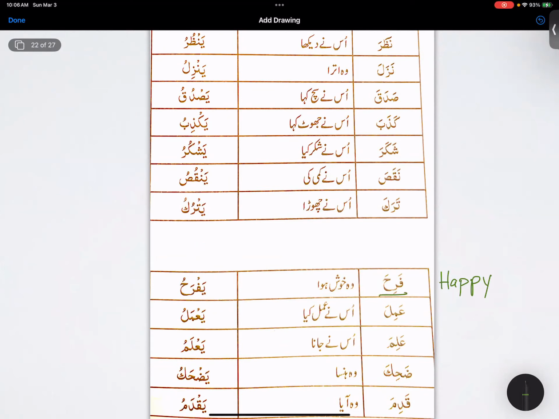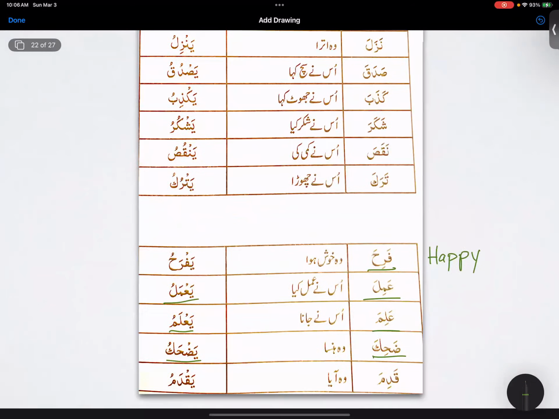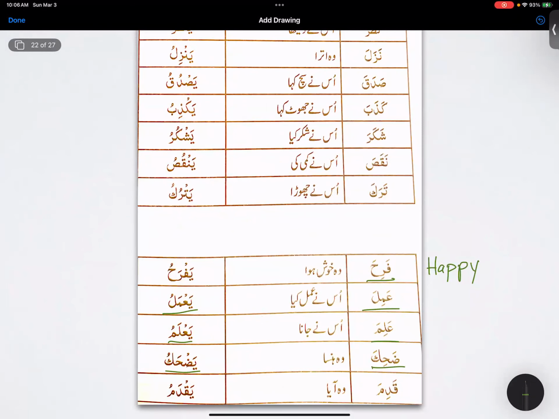And we see that this is basically not a permanent quality. Then Amila Ya'malu, right? Again, we don't do amal permanently. Alima Ya'lamu, Dahika Yadhaku. We don't keep laughing. If we are doing so, people are gonna send us to some mental house.